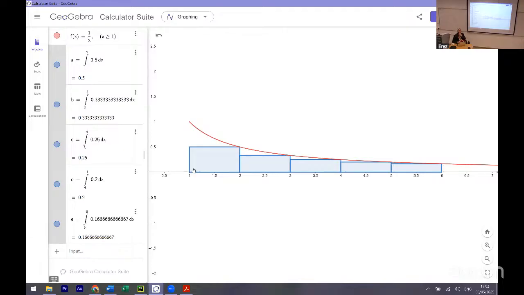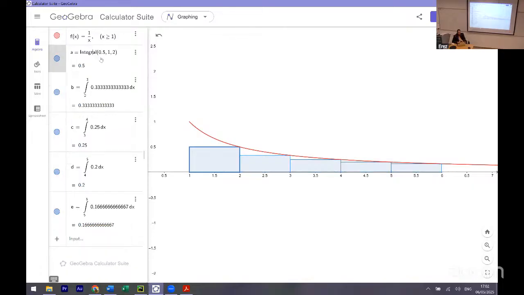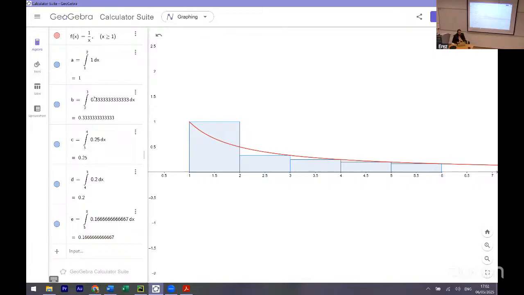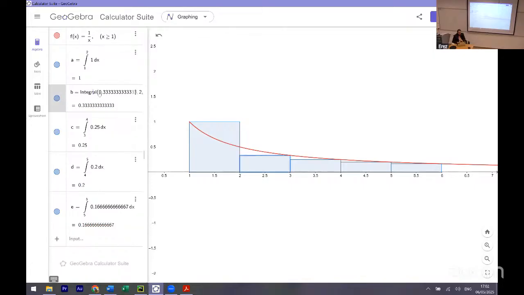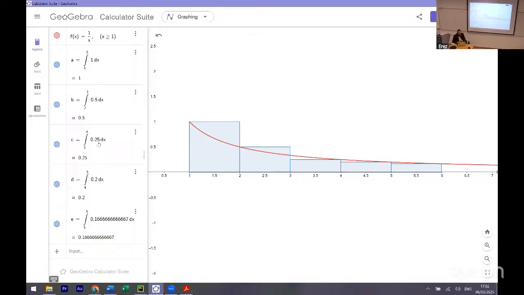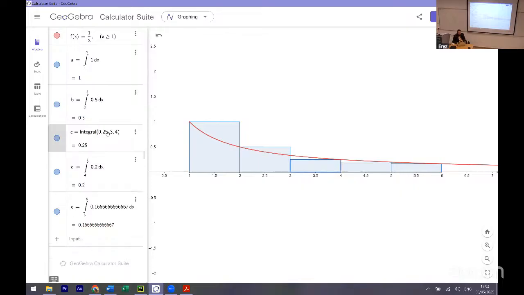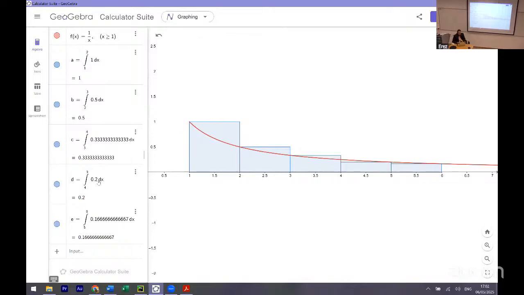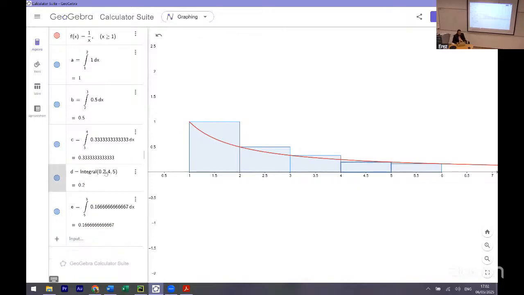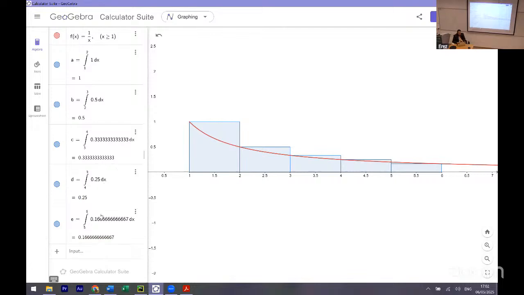I wanted to take the maximum, now I can't, I think. I want to say it's larger than, sorry. I'll change that for a second. So I'll take 1 here, half here, and third here, quarter, and fifth.